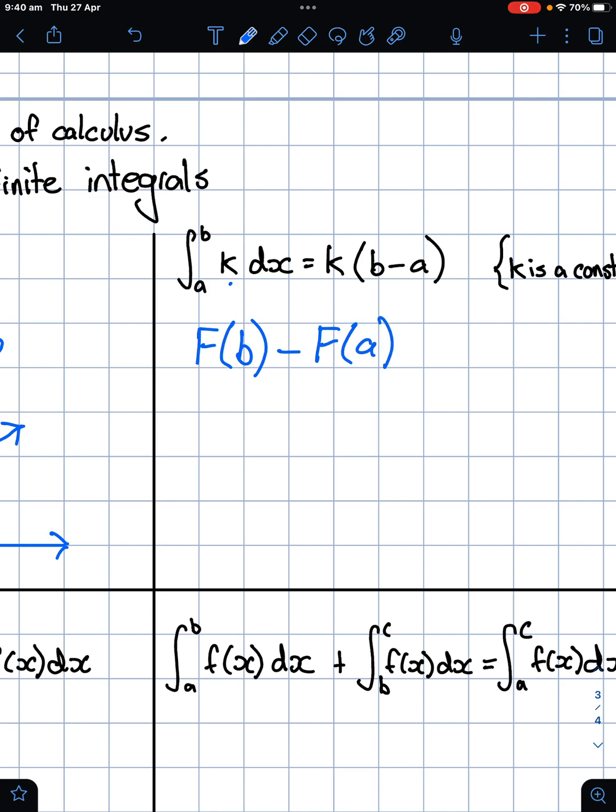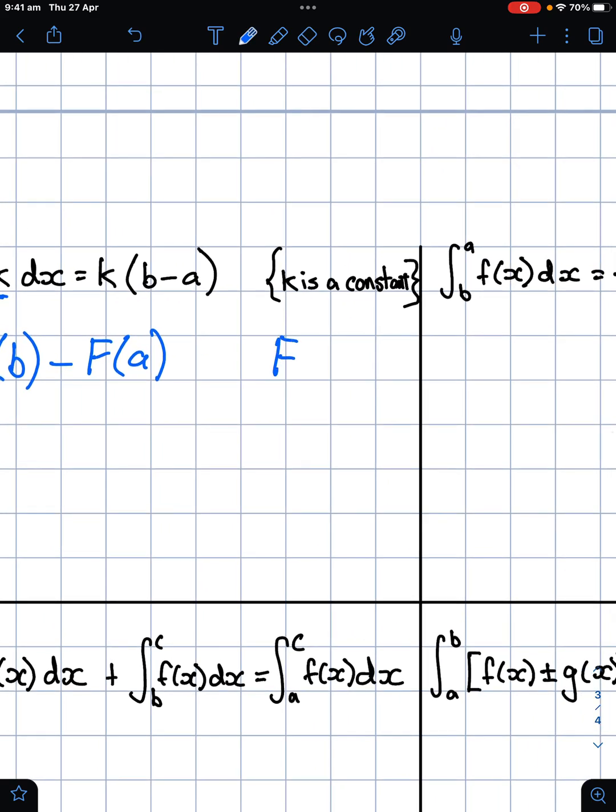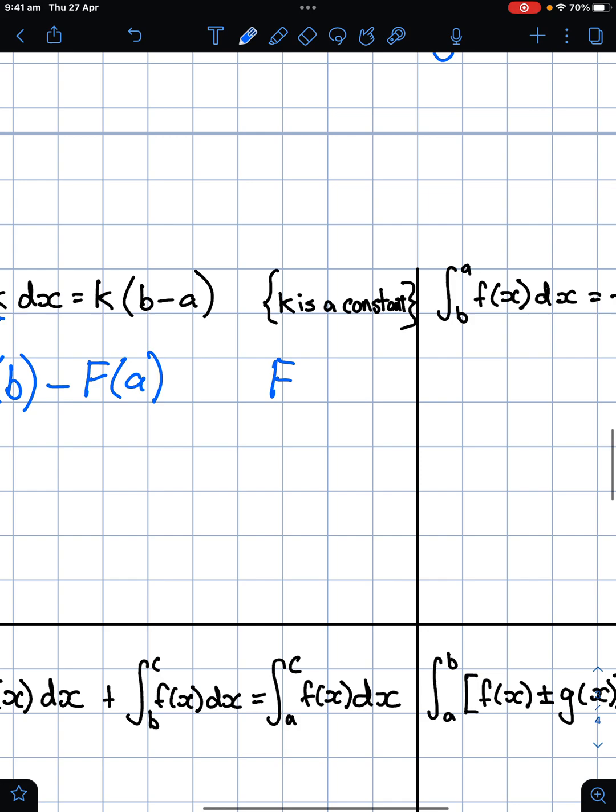Because the antiderivative of a constant k is going to be kx, so the antiderivative of f of x equals a constant is just kx.